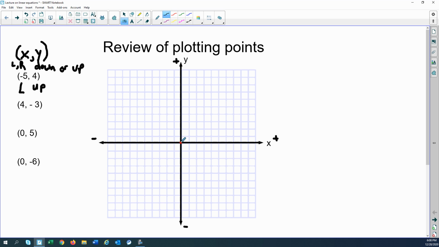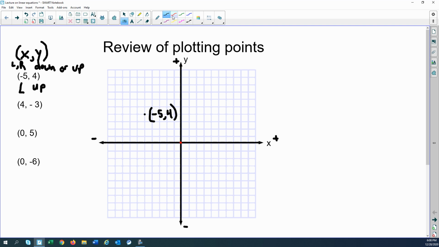We're moving left 5. So 1, 2, 3, 4, 5. And then up 4 from that point is 1, 2, 3, 4. And that's going to be our point. It's left 5, up 4. So that would be considered the point -5, 4.